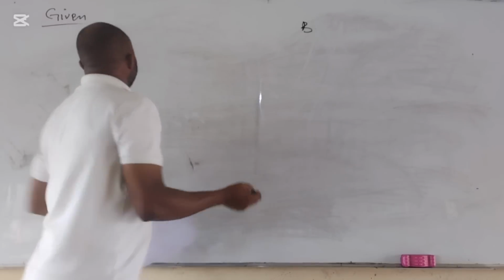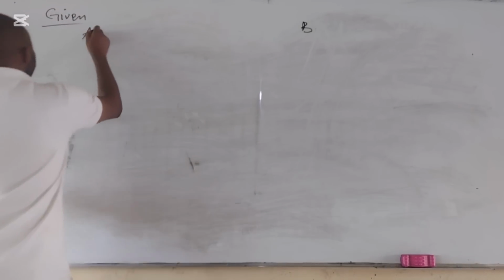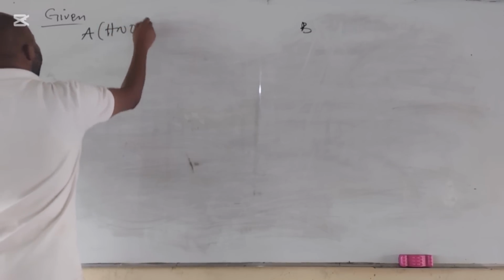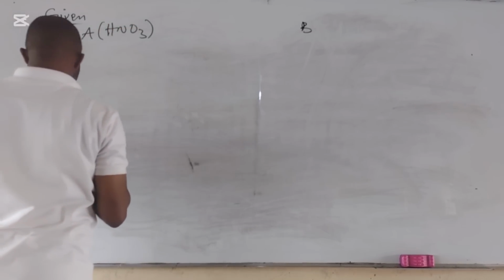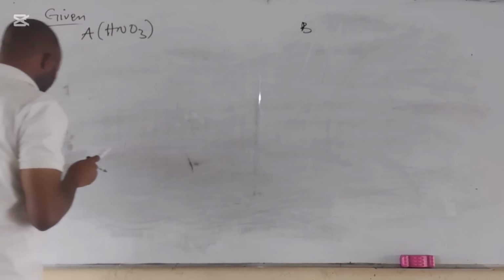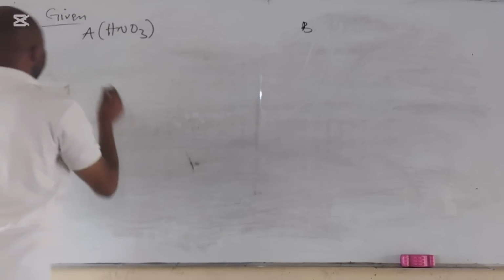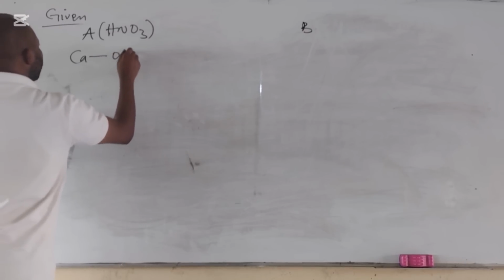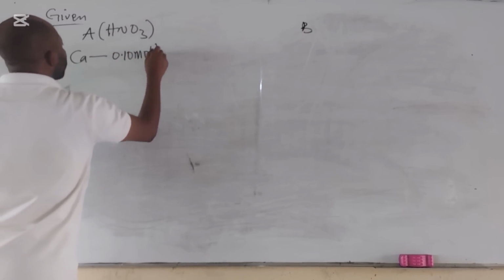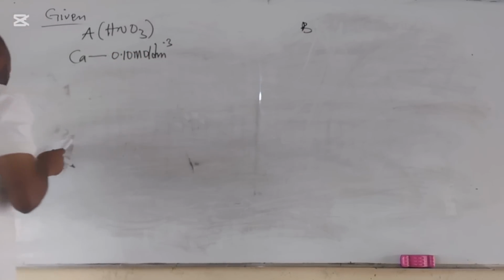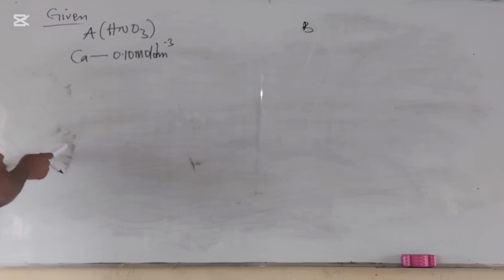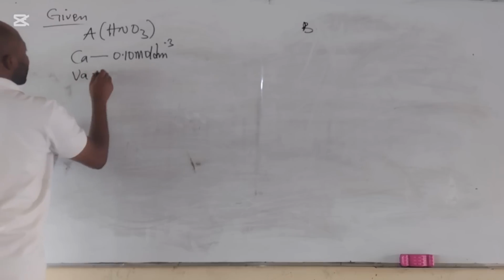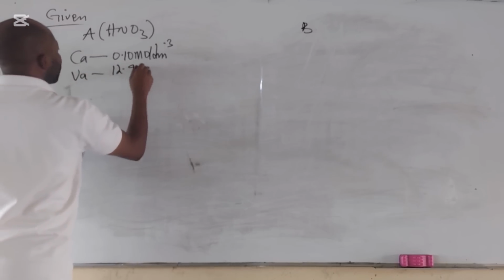So let's take that. This is our A, let's say is HNO3. A contains the acid, and the concentration of the acid here is 0.10 mole per dm cube, with a volume of 12.90 cm cube.